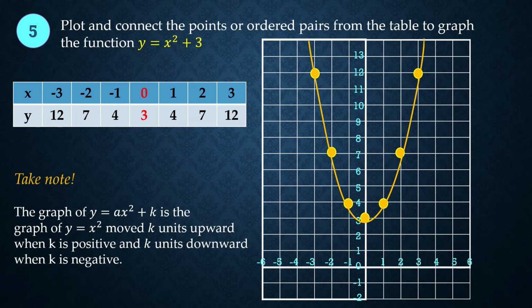So our value of k here is positive 3, so it moves 3 units above. But when k is negative, like minus 3, the graph moves downward: k units downward when k is negative.